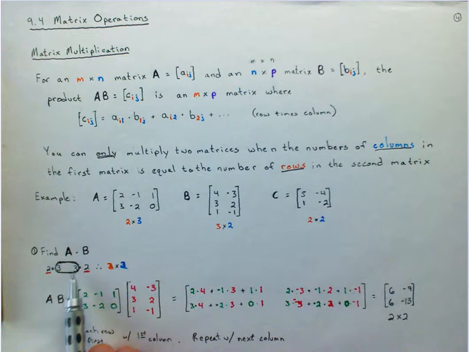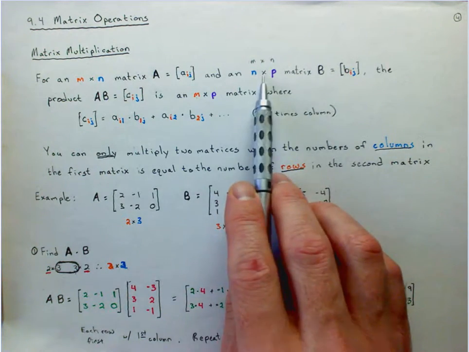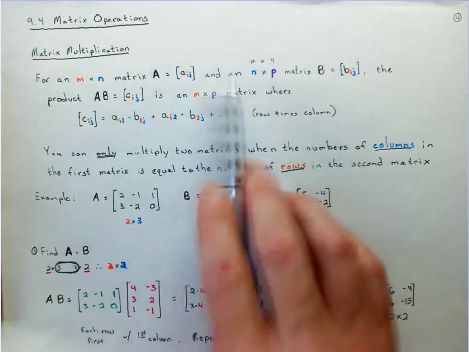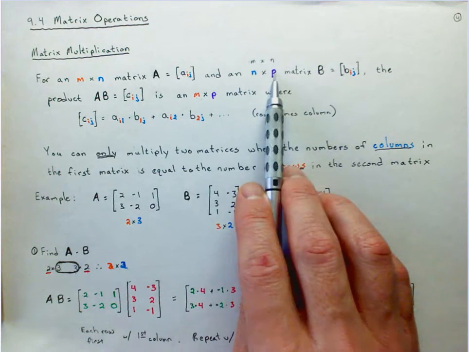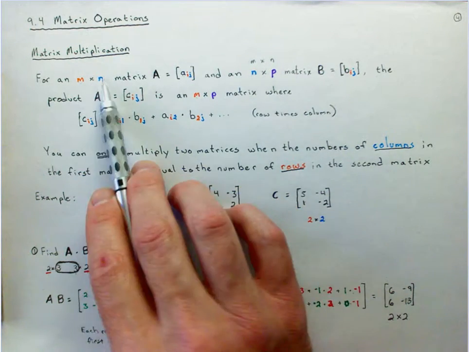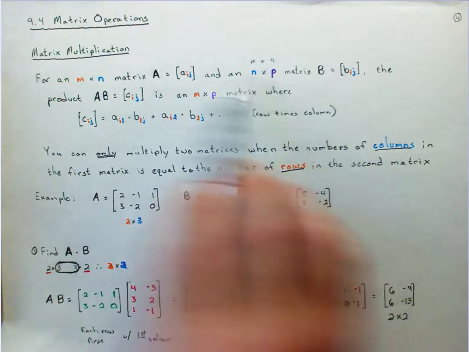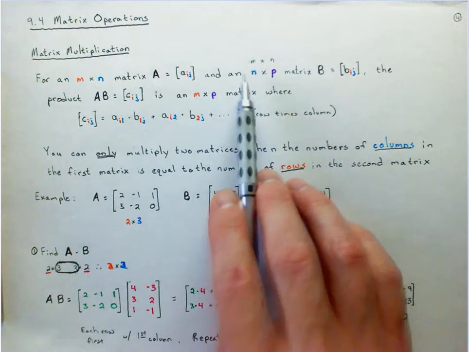Yes, 3 and 3. What my order will turn into are the two remaining numbers, 2 times 2. That will be the order of the new matrix I create. That's where we get this up here, m, p. The n's in the definition must be equal.